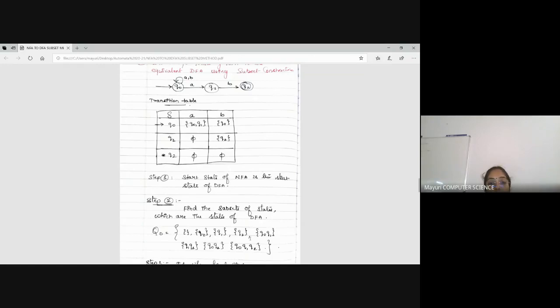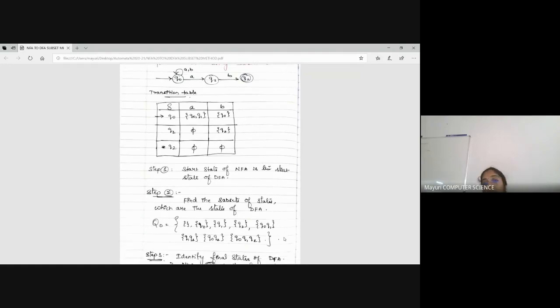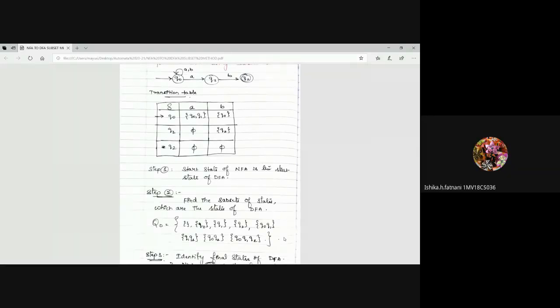So here you could see that QD is nothing but the set of states of the DFA. Null set, Q0 is one set, Q1 is one more set, Q2, then combinations of length two: Q0 Q1, Q1 Q2, Q0 Q2, and Q0 Q1 Q2. Any doubts till now? No, ma'am. Fine.